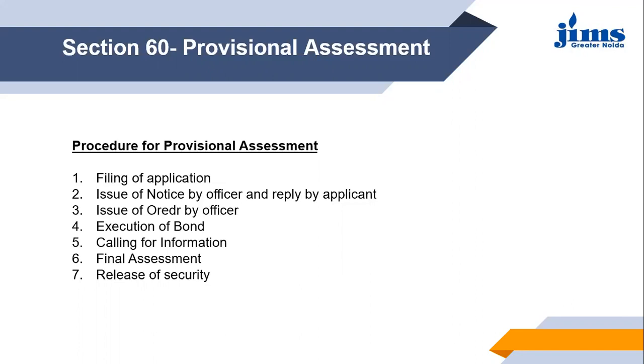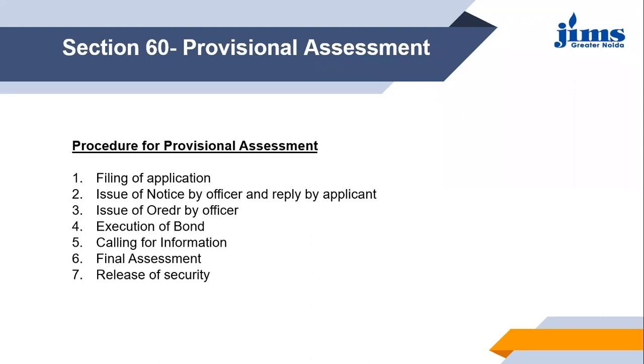The second point is the issue of notice by the officer and reply by the applicant. The proper officer, on receipt of the application, issues a notice in the ASMT02 format, requiring the registered person to furnish additional information or documents in support of his application, and the applicant shall file a reply to the notice.